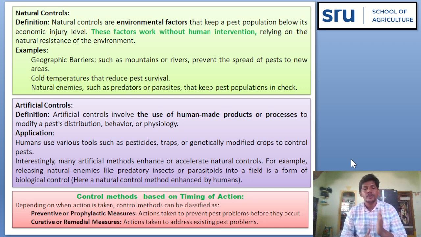In preventive or prophylactic measure, actions are taken before the arrival of insect pests, that is, action taken to prevent pest population before they occur. But in case of curative or remedial measure, actions are taken after pest arrival, that is, action taken to address the existing pest population.